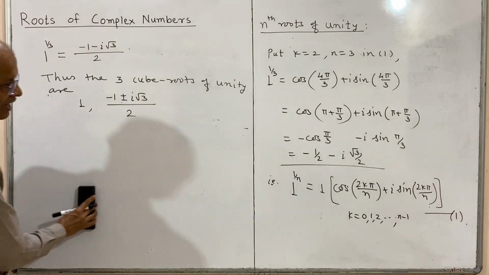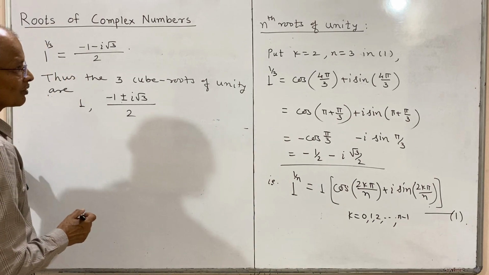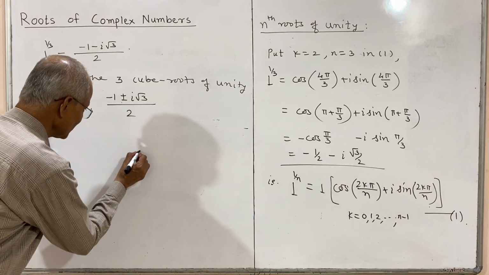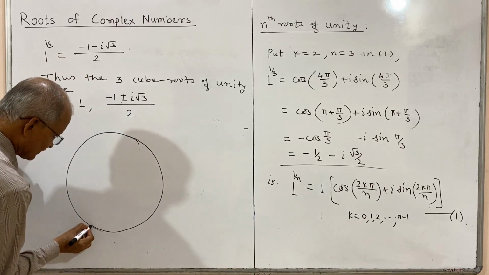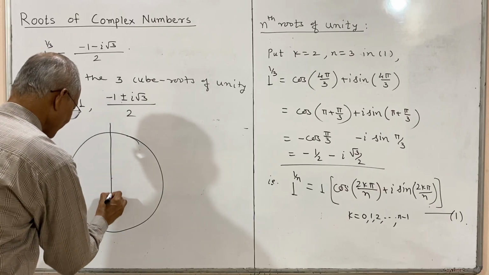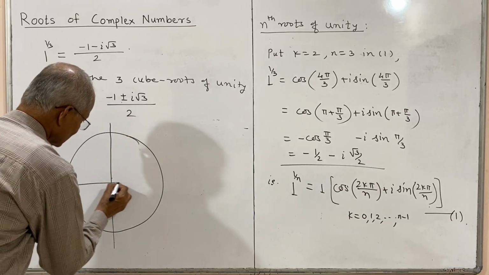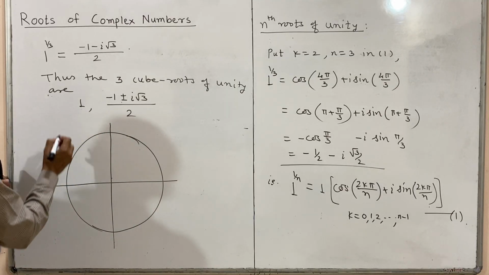So these are the 3 cube roots of unity, and they may be shown in diagrammatic form like this. So this is a circle with radius 1, and in this the root corresponding to k is equal to 0 is the principal root, and here 1 is the principal root.